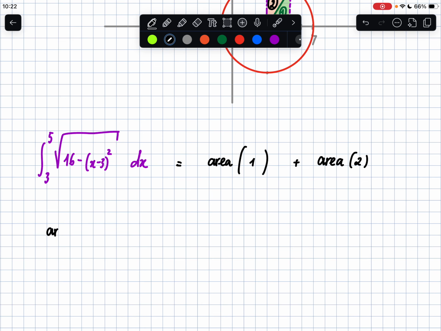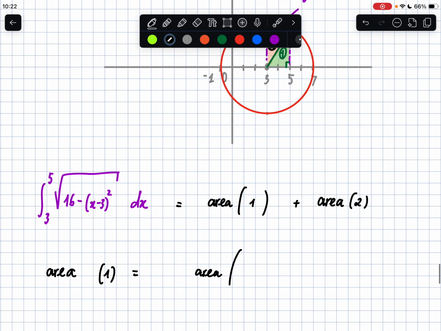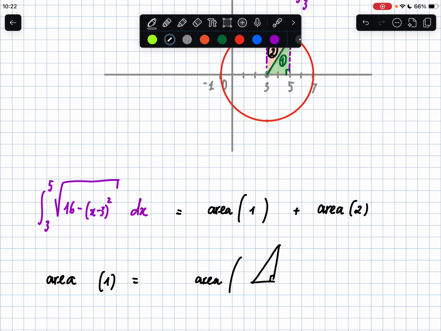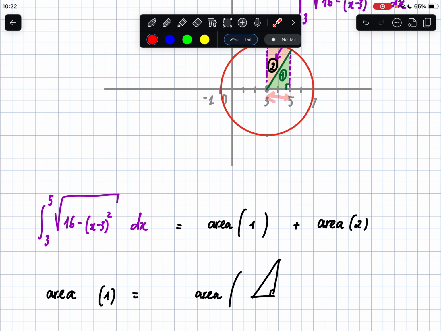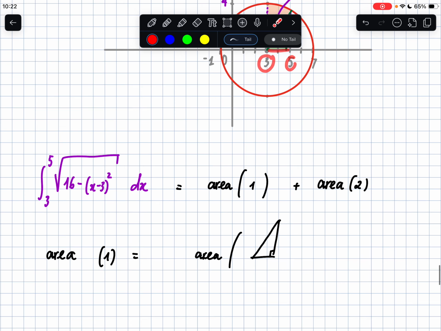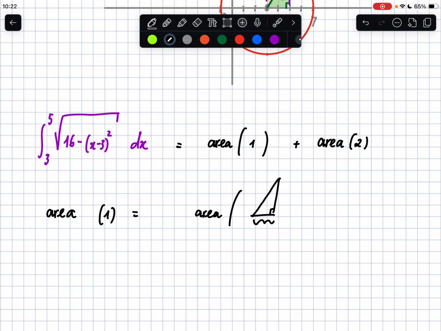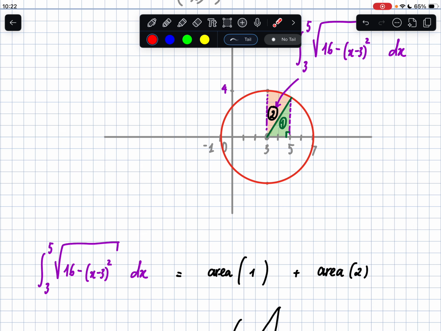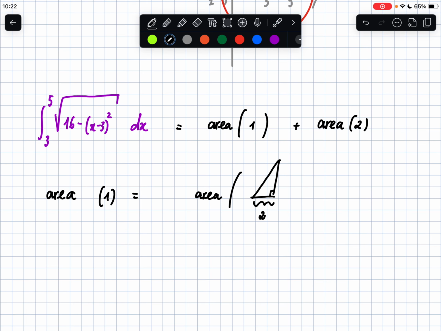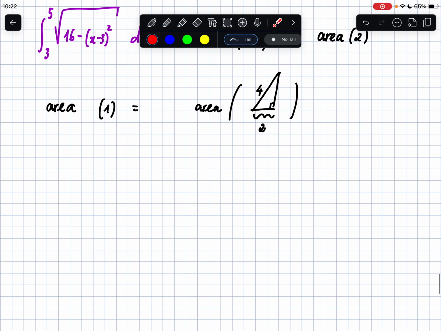The area of region 1 is the area of the right triangle. One side has length 2, because this is 3 and 5. The hypotenuse of this right triangle is 4, because our circle has radius 4. Now I can compute the length we don't know, using the Pythagorean theorem.